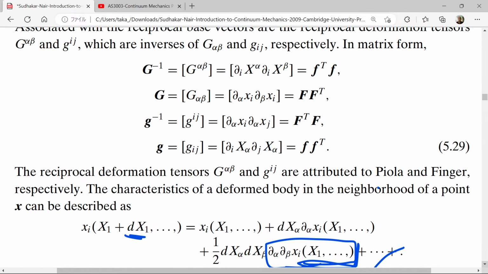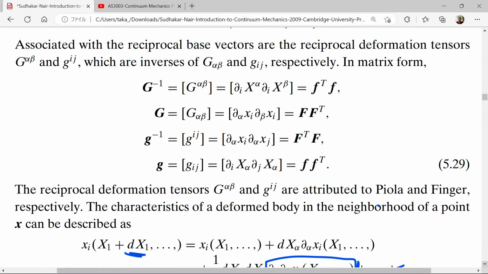We have done G. G is symmetric, right? I think it's symmetric. So you can change.